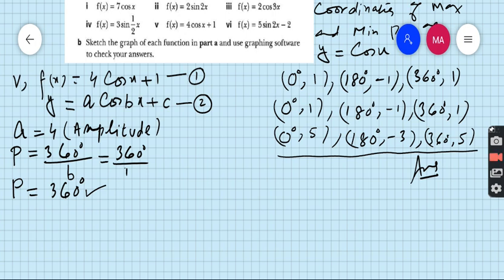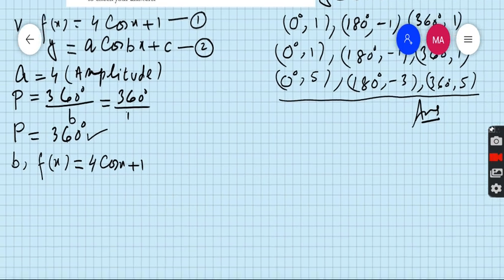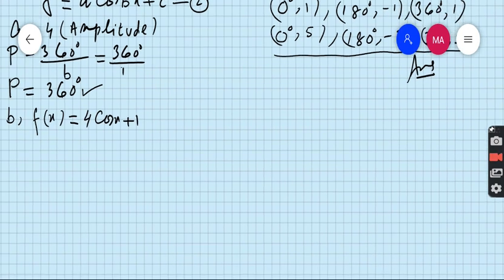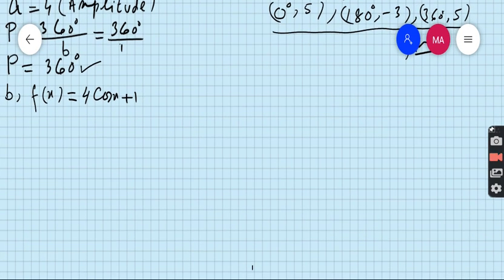So in part B, we have to draw the graph of f(x) is equal to 4 cos x plus 1. In order to draw the graph of 4 cos x plus 1, first we have to draw the axes of the graph. Axes means the x-axis and y-axis.